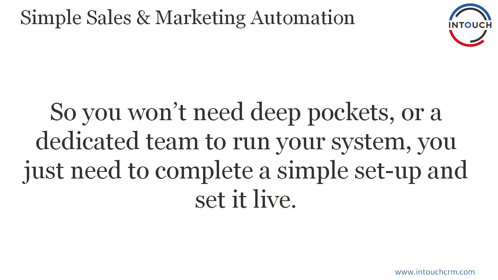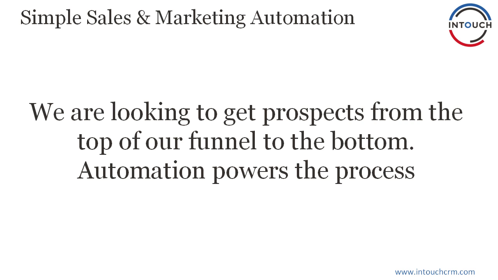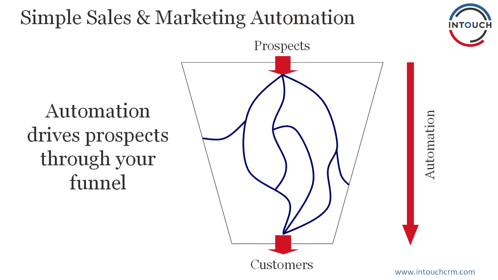You just need to complete a simple setup and set it live. Then, once you see what works well and what doesn't, you can refine your system for optimum results. We're looking to get prospects from the top of our funnel to the bottom. Automation powers this process.